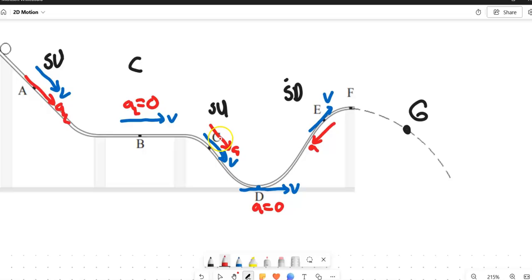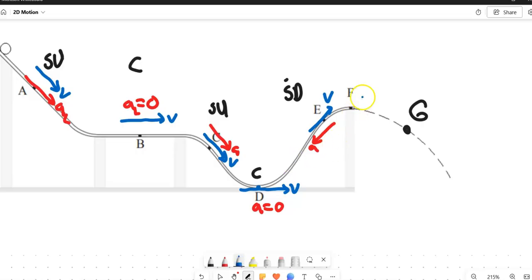It's going from down to the right to down to the left. Okay, so those two acceleration vectors, it's going to be switching directions at that instant. So weirdly enough, at that instant, it's going to have a constant velocity.